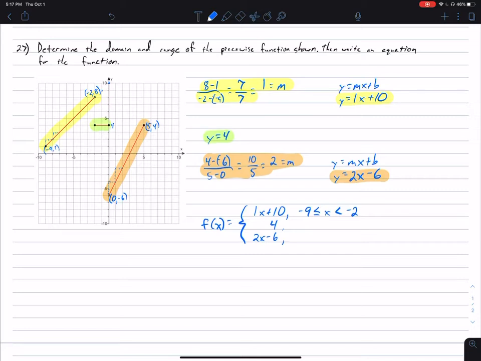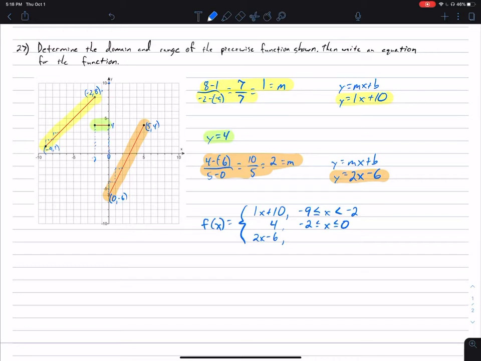The 4 value, where does that start? Well, that starts at negative 2, and it goes to where x is 0. So this is going to be negative 2 is less than or equal to x, which is less than or equal to 0. Equal symbols here underneath the inequalities because we have closed circles.